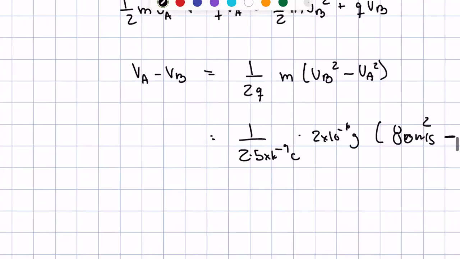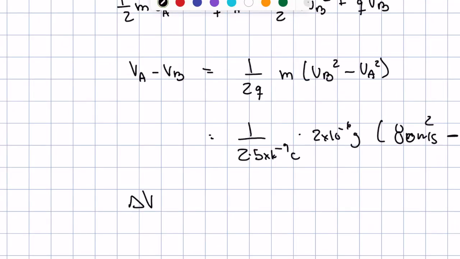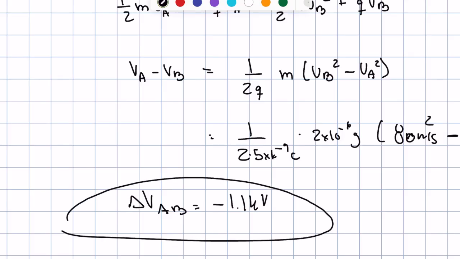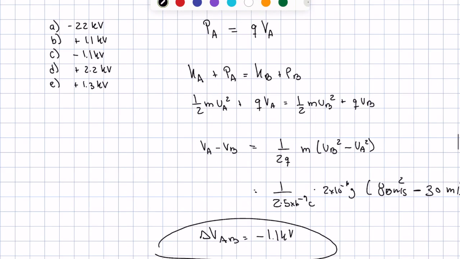So if you plug in all of your numbers, you get delta V AB is equal to negative 1.1 kilovolts. So if you just plug in everything as it is here, you're going to get that negative sign. It's just saying that an increase in your speed correlates to a decrease in your potential. And so here we see that this is C.